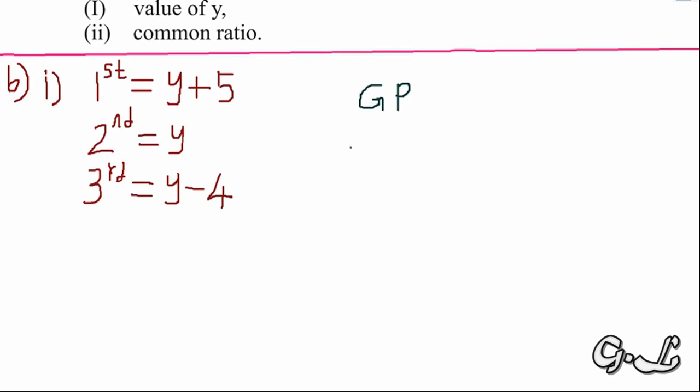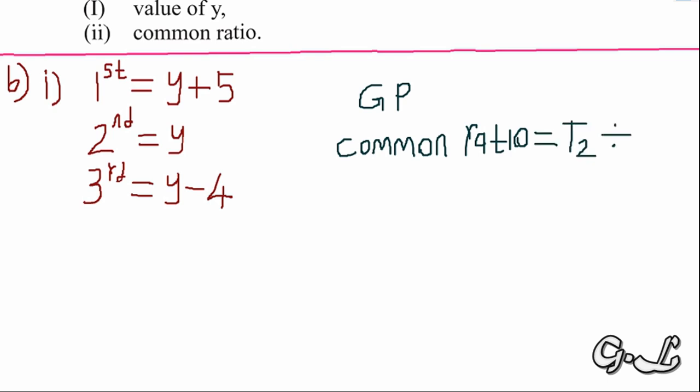So if you want to find the GP common ratio, we say that it is T2 divided by T1, and that is also equal to T3 divided by T2.